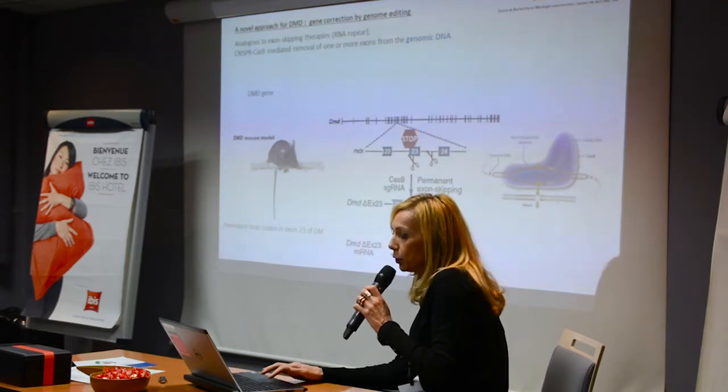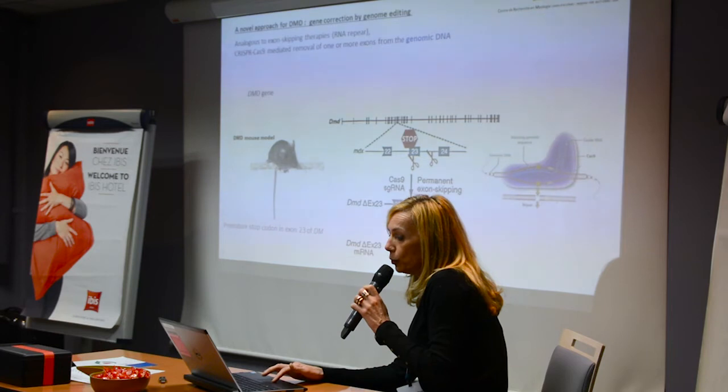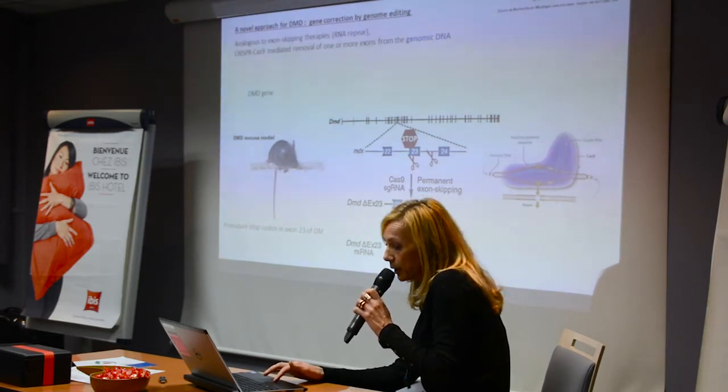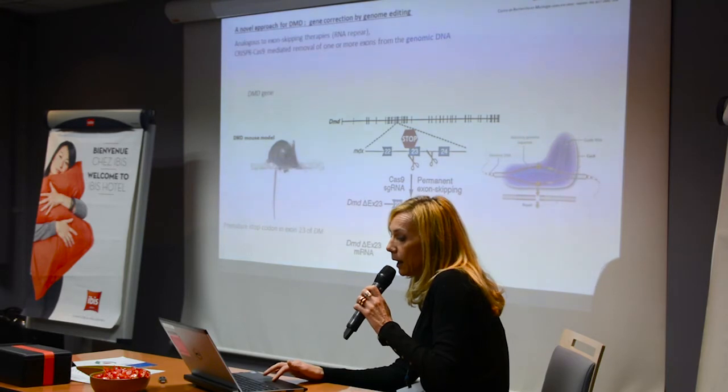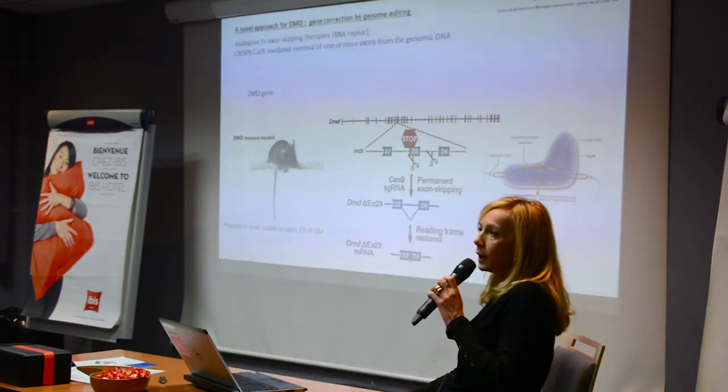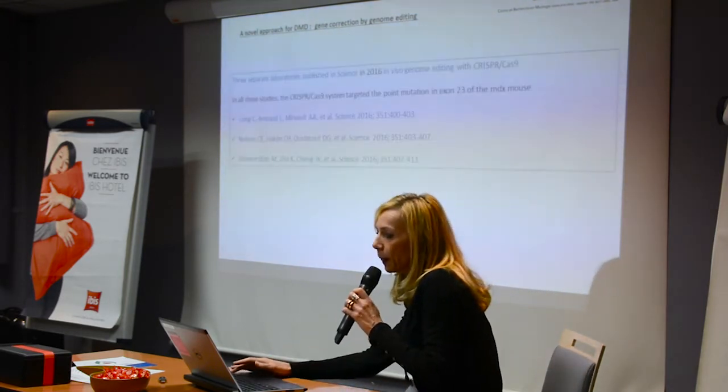So the goal was to use the CRISPR-Cas9 tool to cut around exon 23 and remove it at the genomic level, to allow the reading frame to be restored at the mRNA level and to allow the expression of dystrophin.